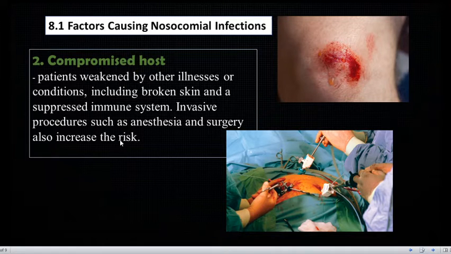So, you can actually get nosocomial infections from the syringe used inside the hospital. So, that is a type of invasive procedure. Okay?